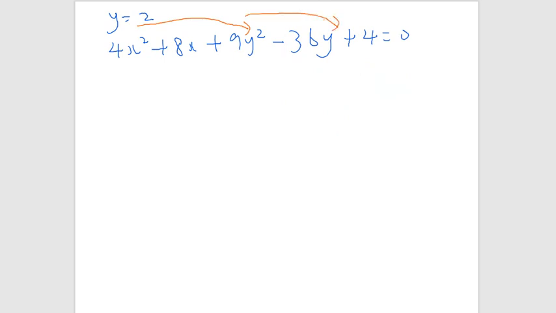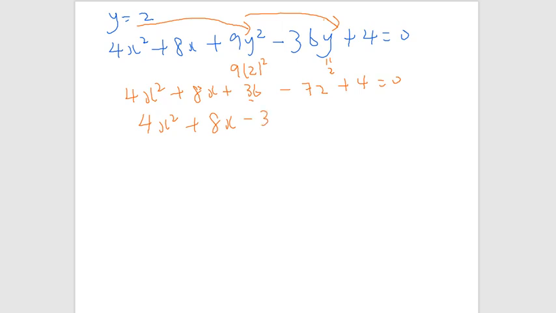This one is 9 bracket 2 squared, which will give you 36. You sub y as 2 here, and this one will give you minus 72. And plus 4. So it's 4x squared plus 8x plus 36 minus 72 plus 4 equals 0. It's the same as 4x squared plus 8x minus 32 equal to 0.